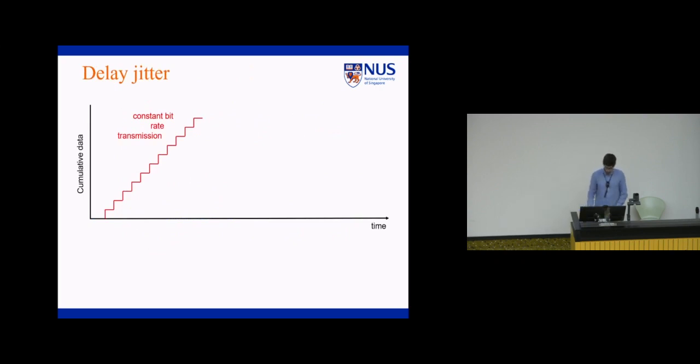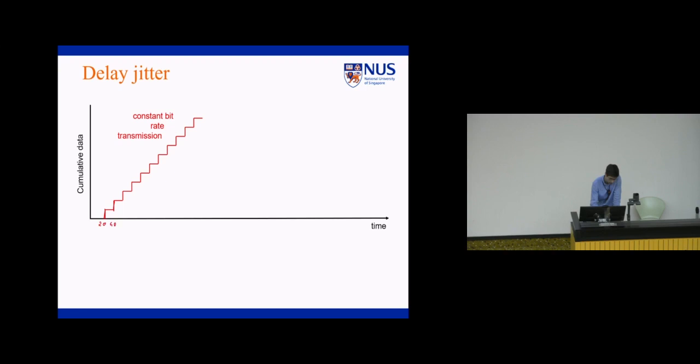So this is one of our famous figures, cumulative data over time. And this red plot here shows when the server sent each chunk. So this is perhaps the first chunk. This is the second chunk. And per our earlier example, each of these chunks is sent at 20 millisecond intervals.